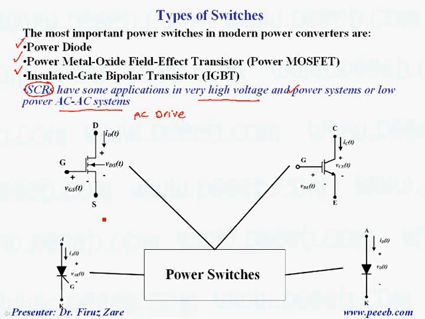So we can concentrate on these four switches: SCR, MOSFET, IGBT, which is a very good switch for high voltage applications, and diodes for different applications, for example line rectifiers or converters.